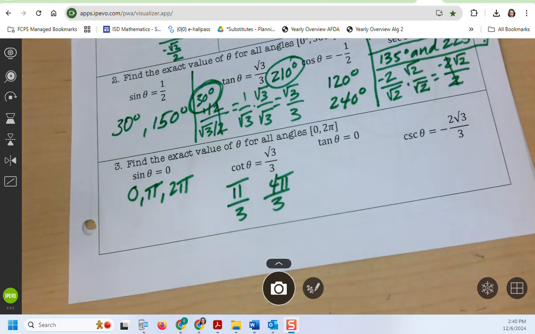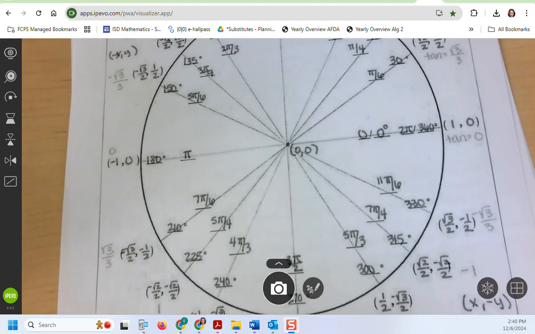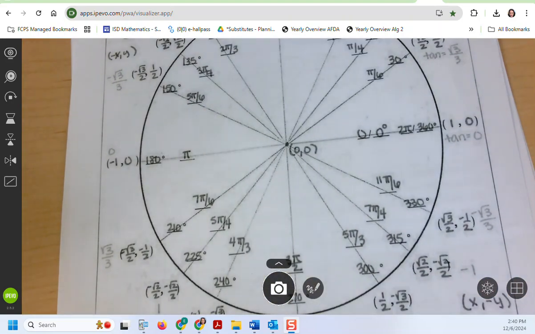Y over x. Give me an angle and we'll look at it and see if it's right. Just one angle with a tangent of 0. It can be a right answer or a wrong answer. I don't care. Just give me an angle.